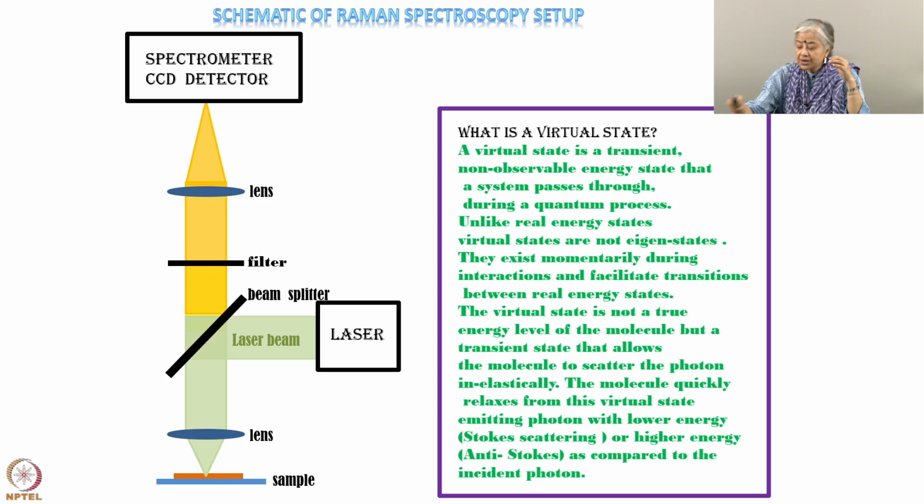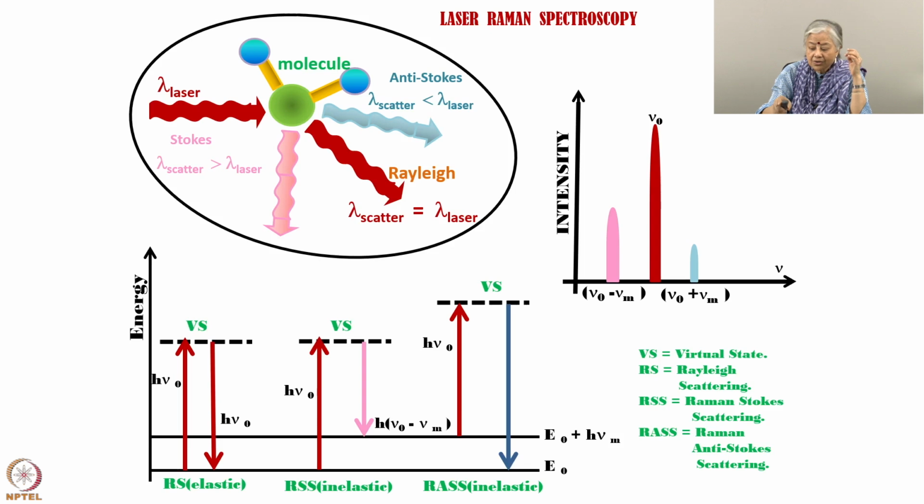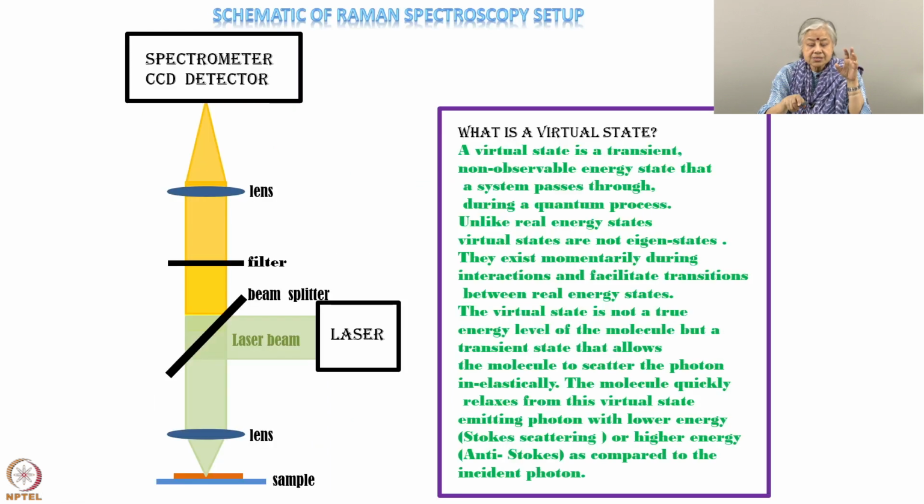So, using a filter just means you are trying to eliminate this part. I do not think you can eliminate the full part, because these also get filtered out. So, you use a certain filter which is specific to this wavelength. Most of this will go out and these will start showing up, this pink and this blue. Then you take it to a spectrometer.